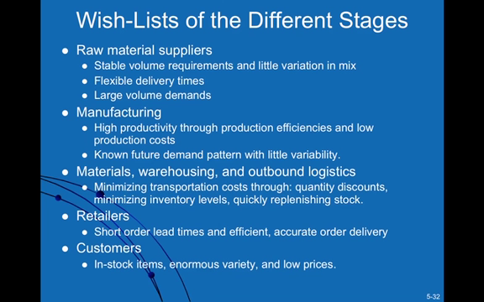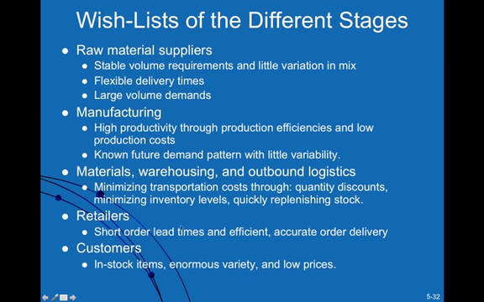While information might serve one particular partner, it may not necessarily be helping the others. So again, this speaks to the complexity of supply chain management, particularly when you have independent partners in that supply chain. If you look, for example, at the people who supply raw materials, their wish list is very different compared to the manufacturers, compared to the retailers.